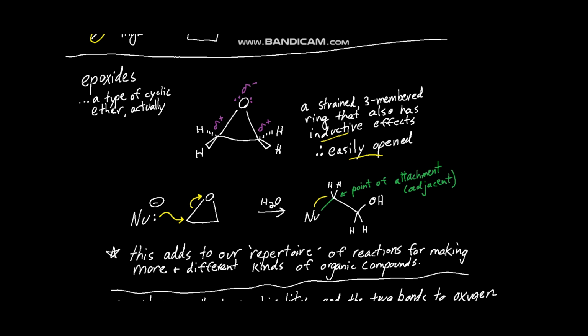The oxygen stays attached to this other carbon, notice, and then it picks up a hydrogen. So our point of attachment of the nucleophile is adjacent to the carbon bearing the alcohol. That adds a lot of versatility, adds to our toolbox, our repertoire of reactions for making different kinds of organic compounds.